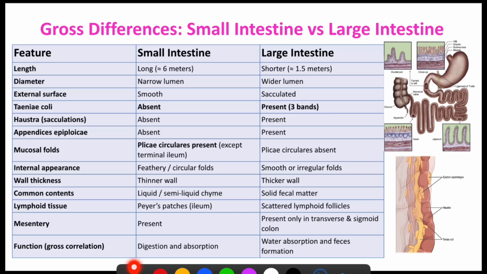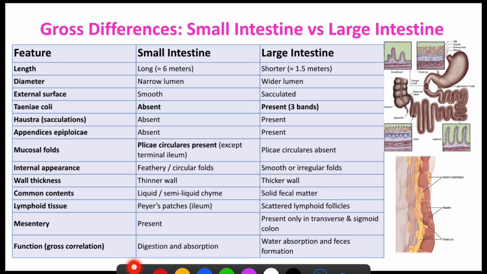Now mucosal fold, plicae circulares are present in small intestine, here they are absent. Internal appearance, circular folds are there, here irregular, smooth folds. Wall thickness, thicker wall in the large intestine, thinner wall in the small intestine.